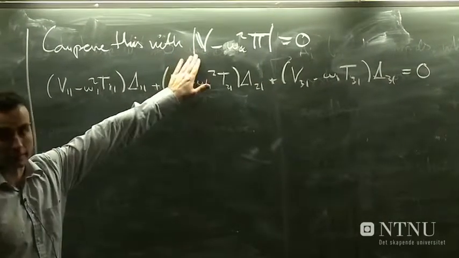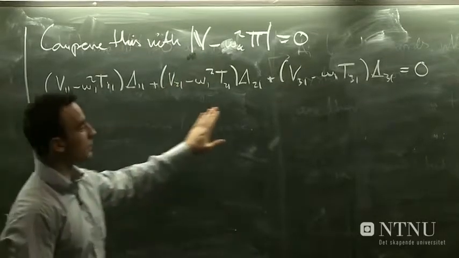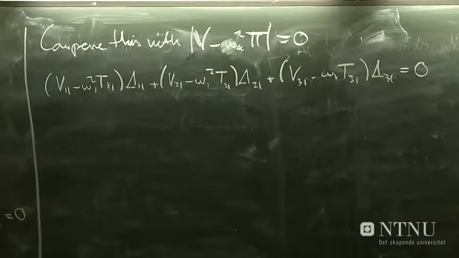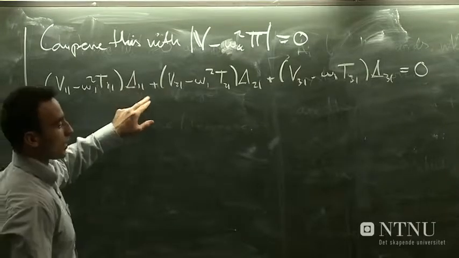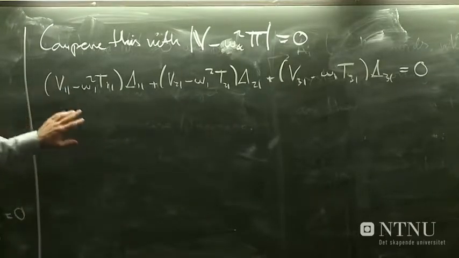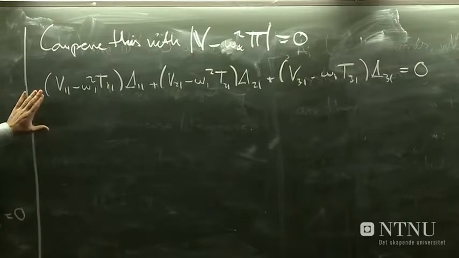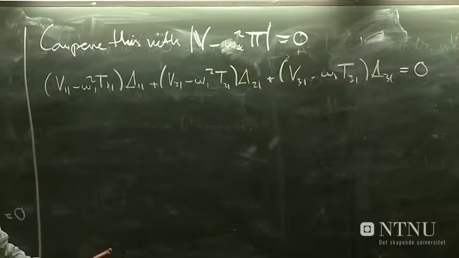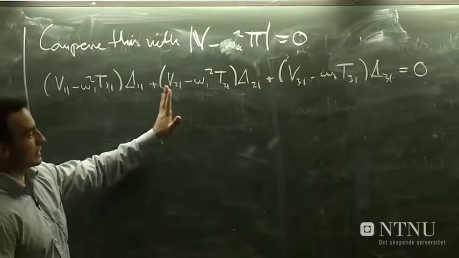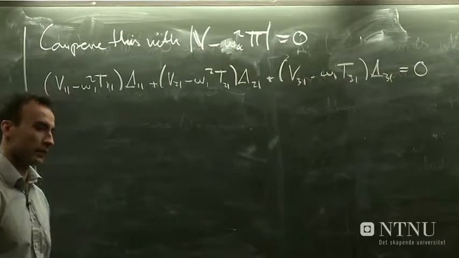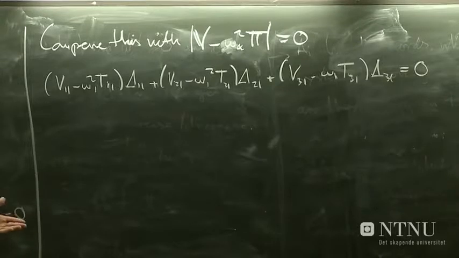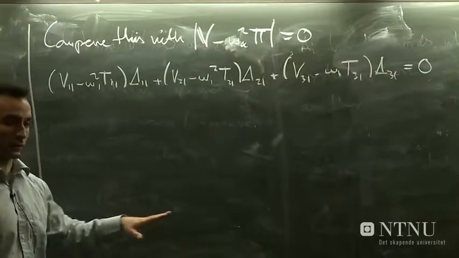And I may write this general determinant in the following way. What I've done here is I've expanded the determinant in terms of the minors or cofactors delta 1,1, delta 2,1, and delta 3,1. So this is essentially the first element in the matrix, the top left element, multiplied with the rest of the determinant. And then I take the second element along the first row and multiply with the corresponding cofactor. So I've just expanded the determinant along the first row.